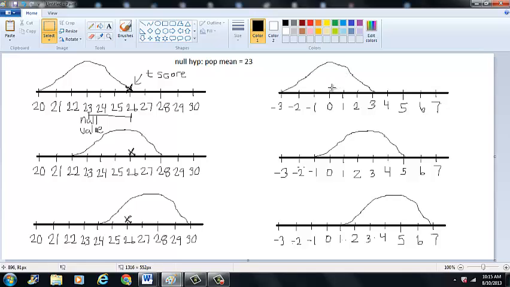But just like in a one-sample t-test, you don't know what the center value equals. You don't know where this bell-shaped curve is centered. And the center value depends on the difference between the two population means.